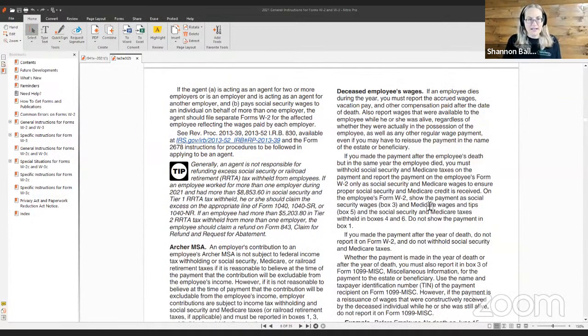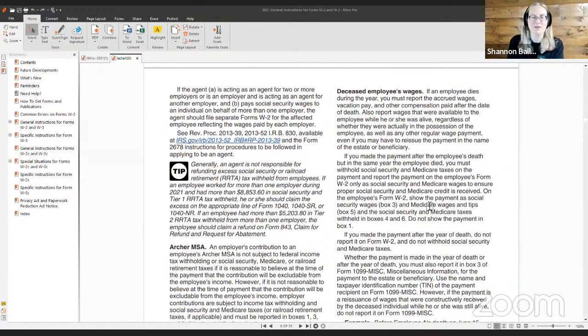If the agent is acting as an agent for two or more employers, or is an employer and is acting as an agent for another employer, and pays Social Security wages to an individual on behalf of more than one employer, the agent should file separate Forms W2 for the affected employee reflecting the wages paid by each employer.